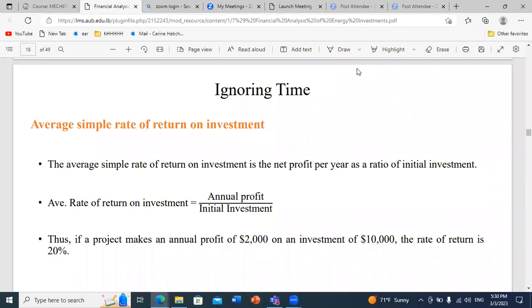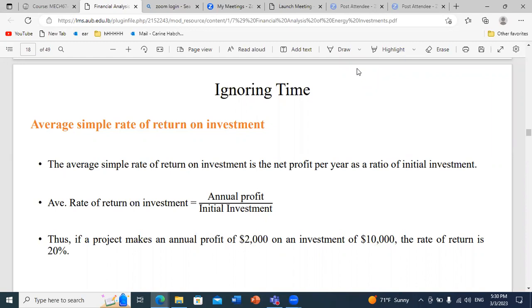Another indicator, when we ignore time, is to find the average simple rate of return on investment. What do we mean by this? The average simple rate of return on investment is the net profit per year as a ratio of the initial investment. So we can consider for each year what is the percentage recovered from the initial investment.